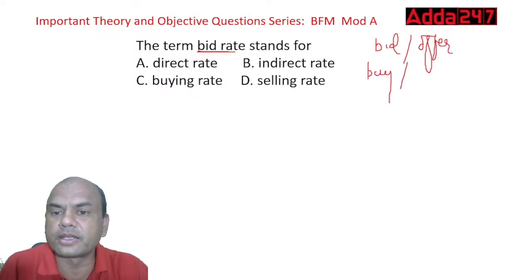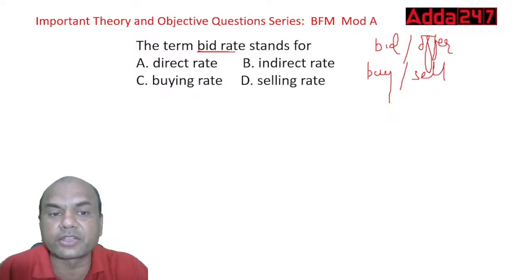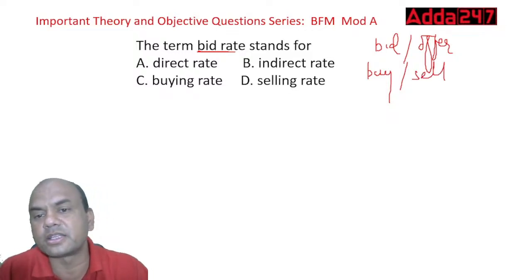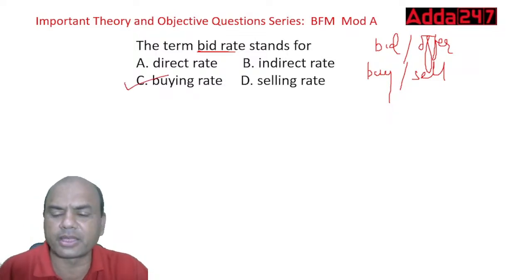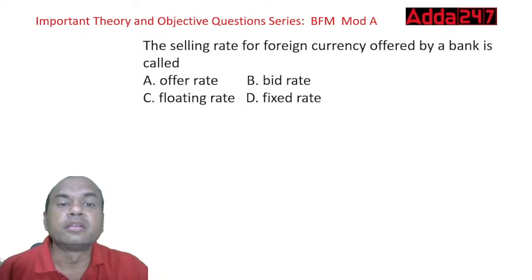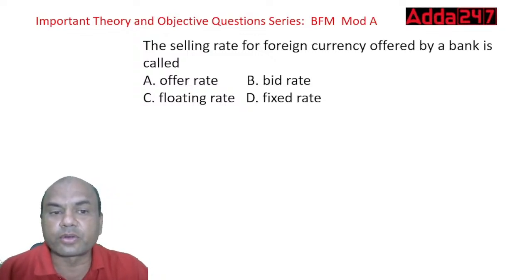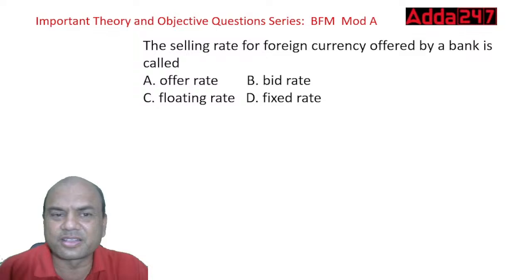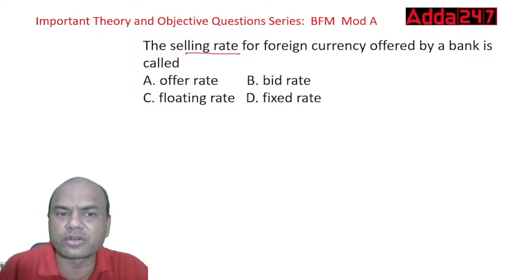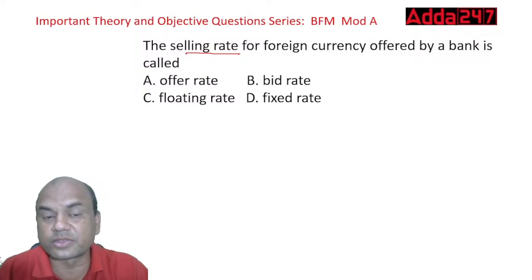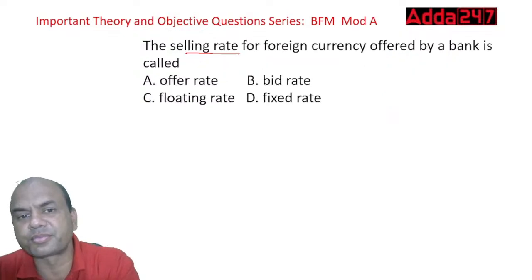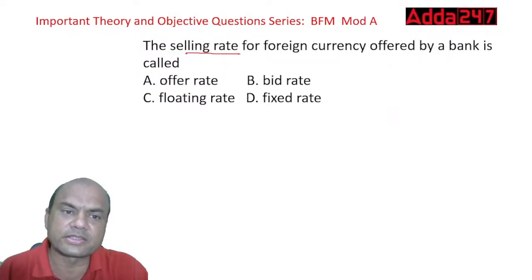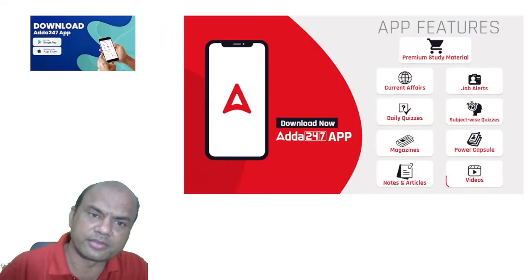Bid stands for the buying rate. The selling rate of a foreign currency offered by a bank is called, just now we did it, the sell rate is known as what? Give me in the comment section. Type fast. Offer, isn't it?